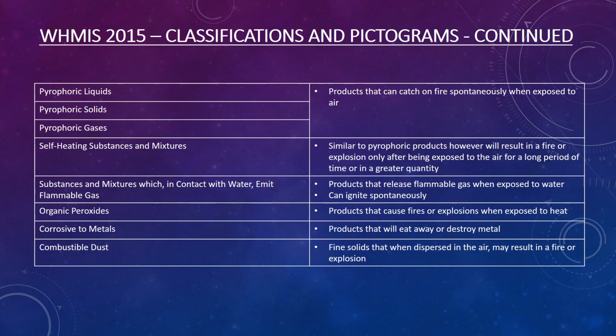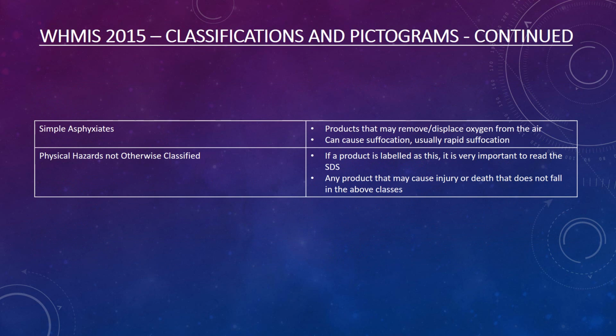Combustible dust. Description: fine solids that, when dispersed in the air, may result in a fire or explosion. Simple asphyxiates. Description: products that may remove or displace oxygen from the air, can cause suffocation, usually rapid suffocation.